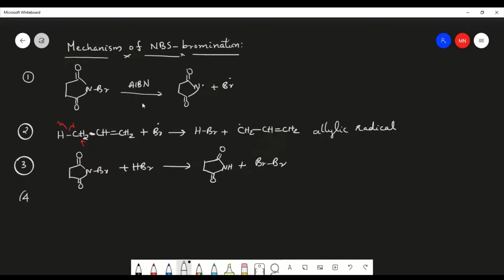In step 4, our allylic radical reacts with this bromine molecule, triggering homolysis of it. You get the bromine attached to the allylic position, plus Br dot, as we got in the first step. Similarly, the reaction goes on like this. So this is the mechanism of NBS bromination.